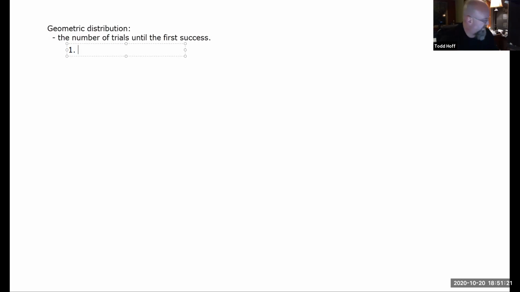In other words, trials are independent. If we fail on one trial, it doesn't change the probability of being successful on the next. Each trial has two possibilities, still success or failure.